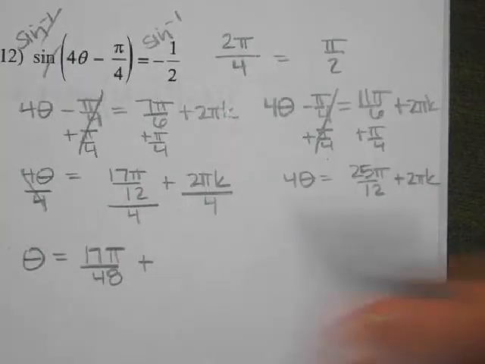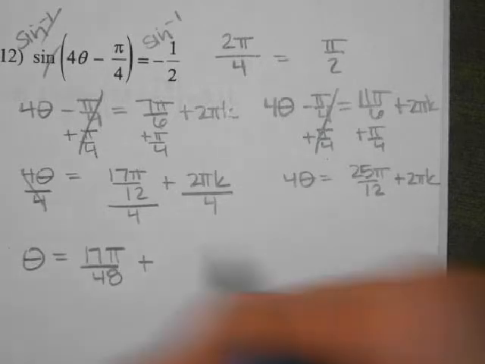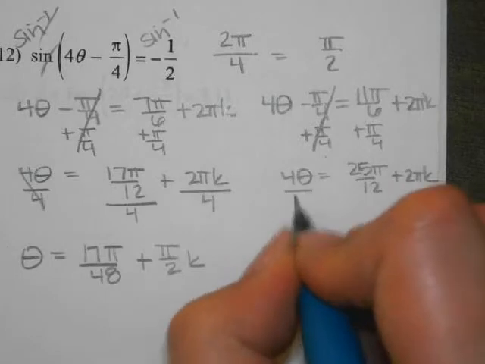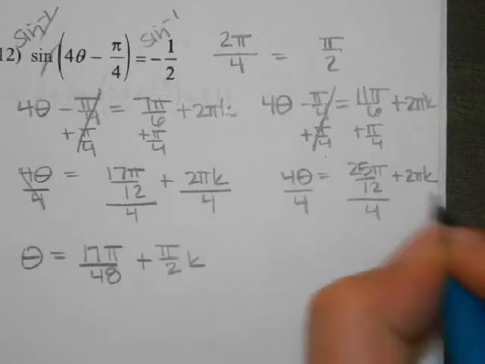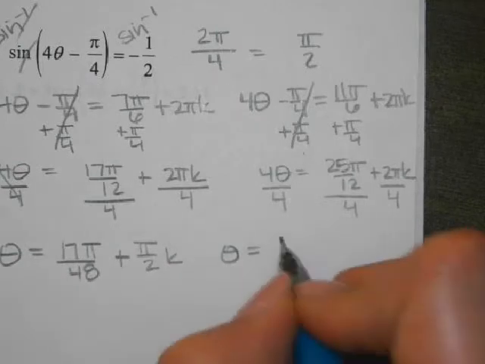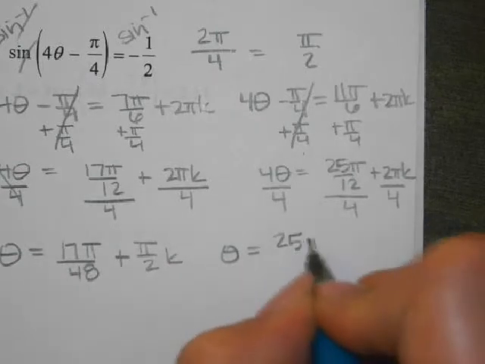And what does this become? Pi halves. Okay, and then over here, divide by 4, divide by 4, divide by 4, and we get theta equals 25 over 48.